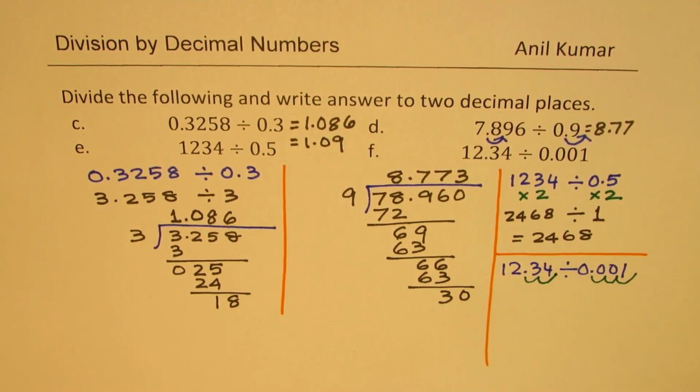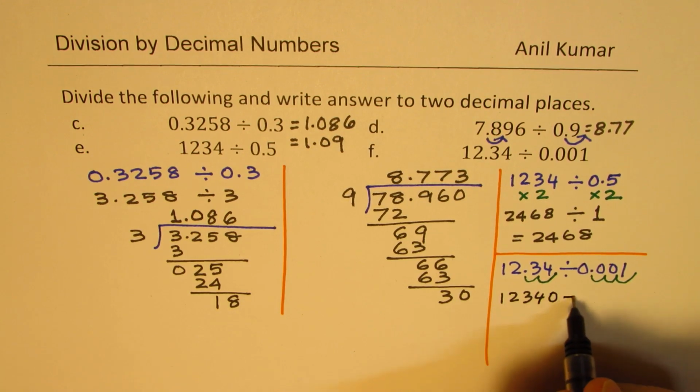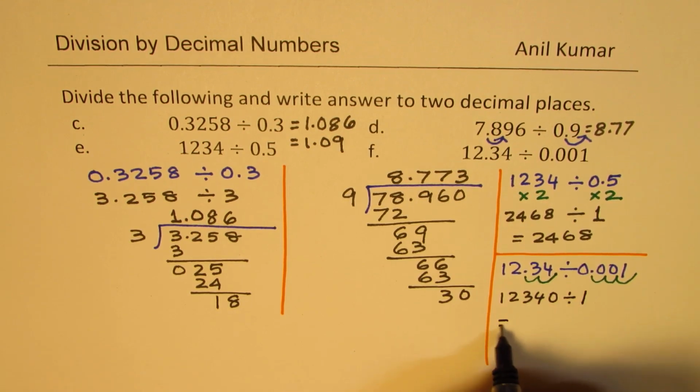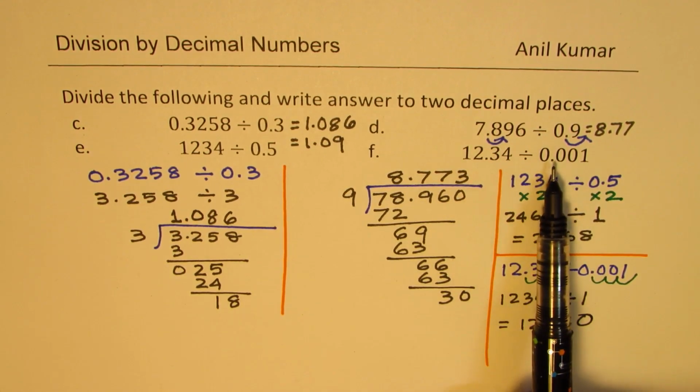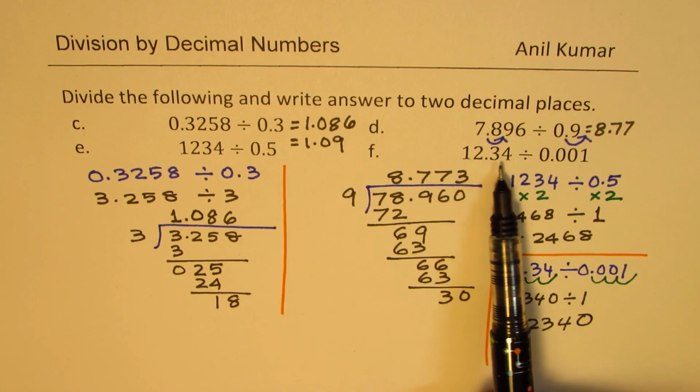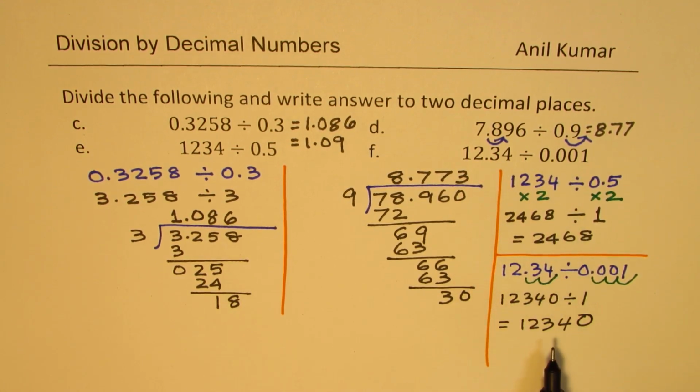You have to add one more 0, correct? So this is as good as saying 12,340 divided by 1. So that is equal to 12,340, correct? So sometimes dividing with such decimal numbers, you can actually move the decimal and immediately write down your answer. Does it make sense to you?